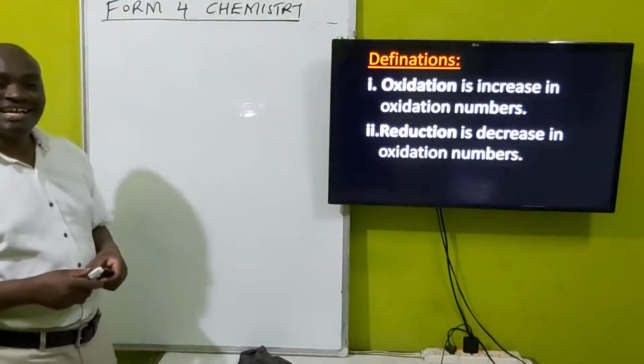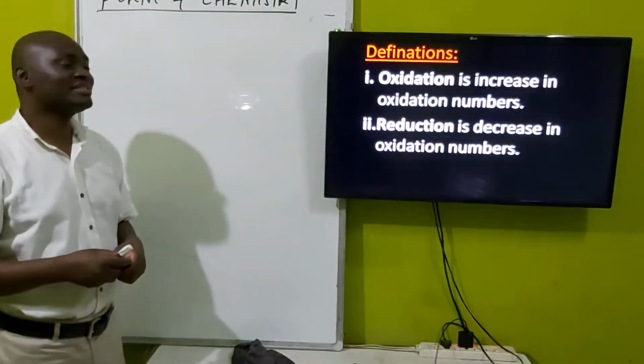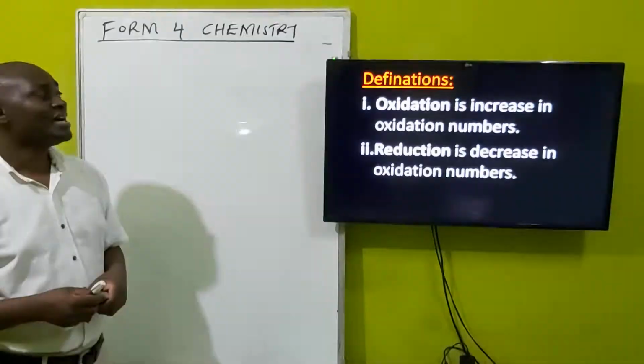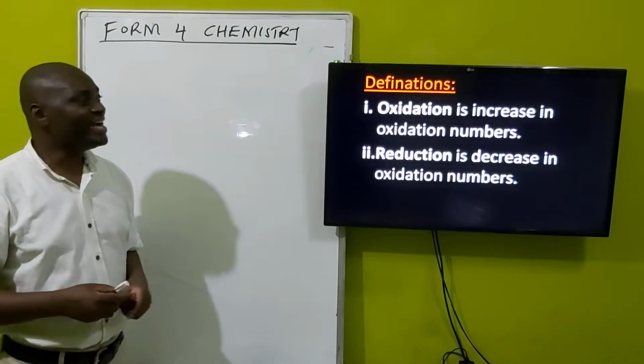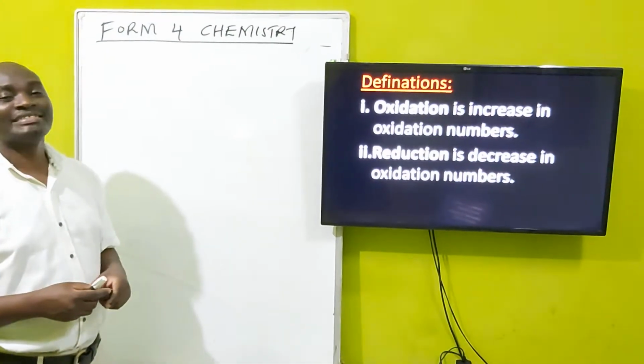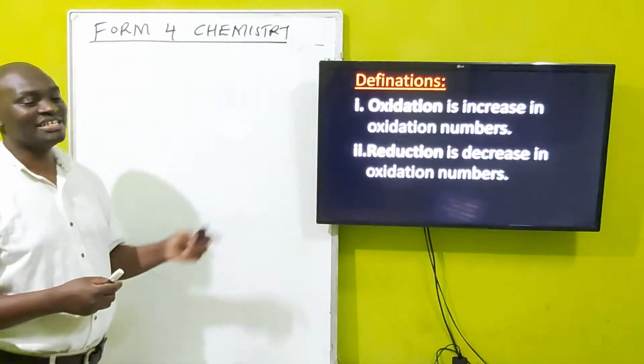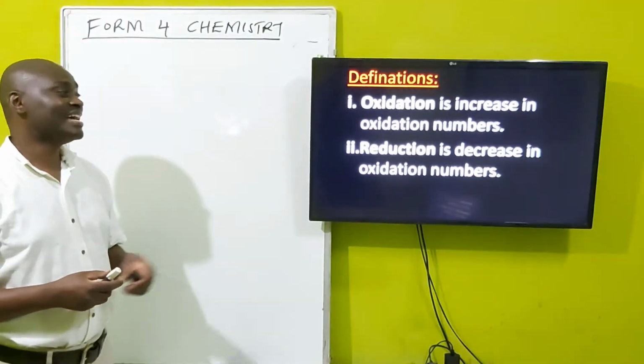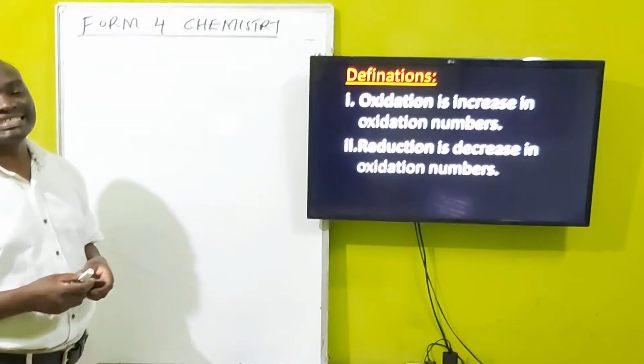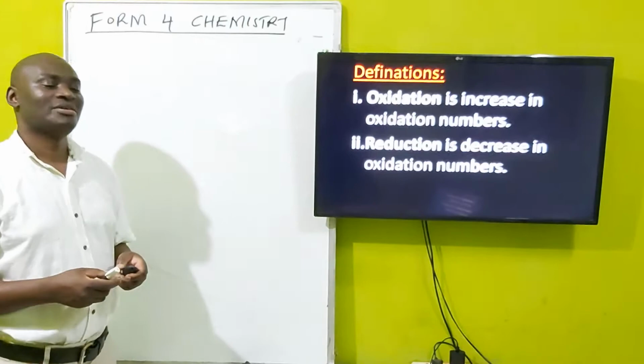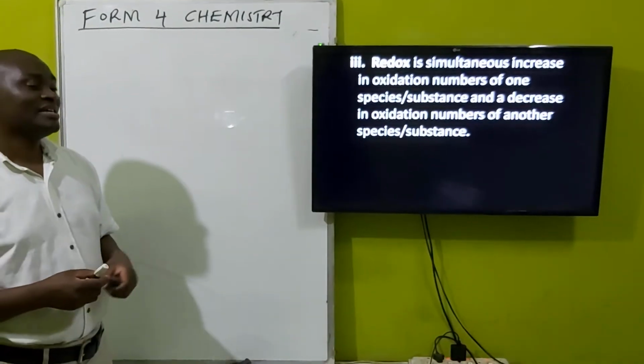Now we are in the last definition of redox reactions, and here we are going to define oxidation as an increase in oxidation numbers, and reduction as a decrease in oxidation numbers.